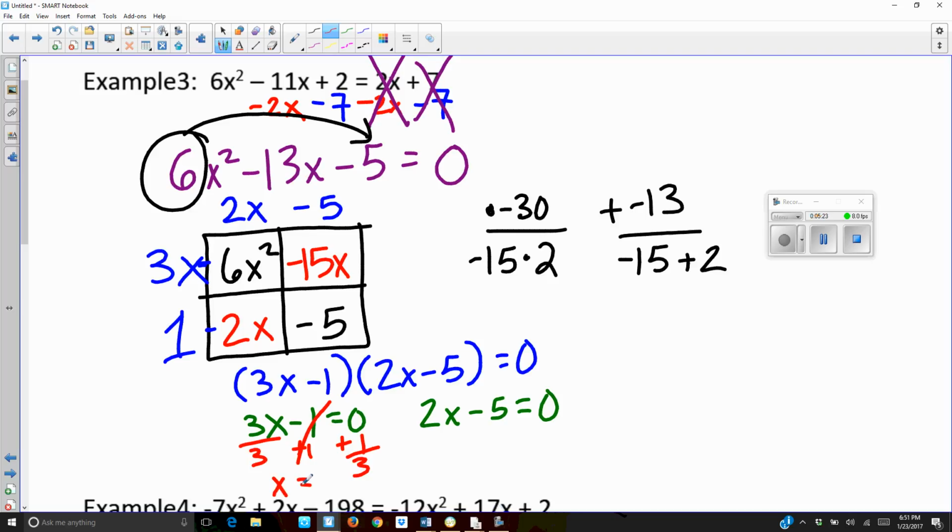So x equals 1/3. Probably just keep that in fraction form as one answer. On the other side, you're going to add 5 to both sides and divide by 2. So x equals 5/2, or you could say 2.5. There's your two answers.